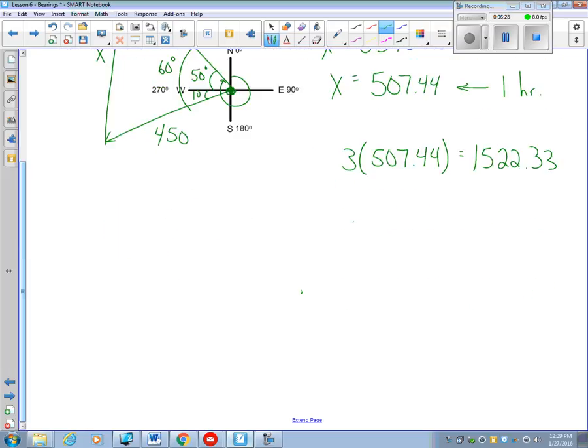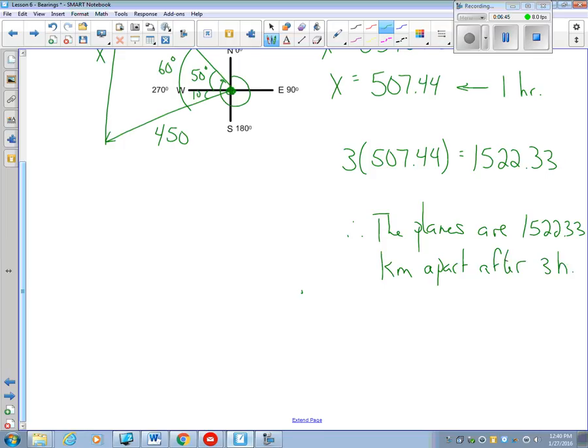Therefore, the planes are 1,522.33 kilometers apart after 3 hours.